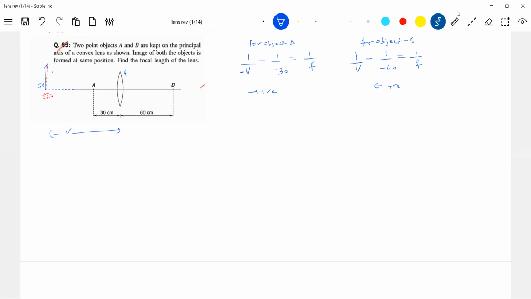So this minus V is justified. Equate these two and you'll get V. After getting V, substitute and you'll get the focal length. IA will be virtual and IB should be real. Anybody got the value of focal length? 40. Okay, yeah.